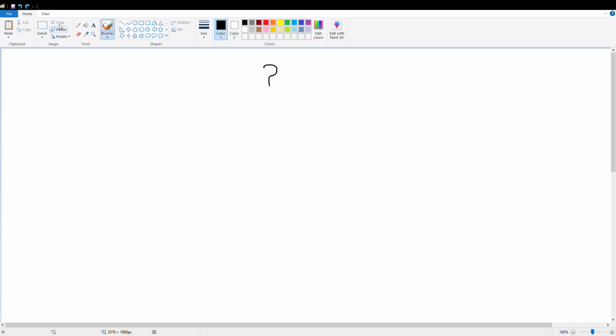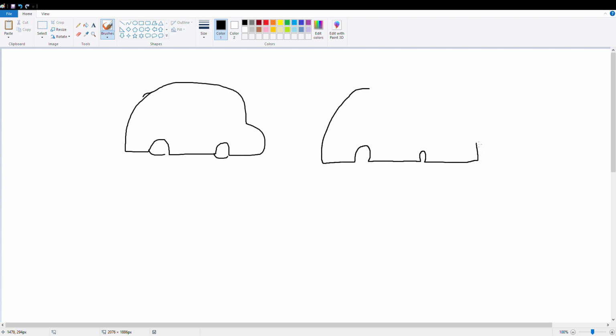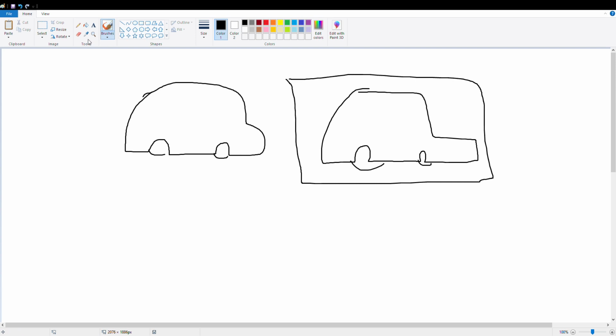So another example of a reference frame would be, let's say, a car going 30 miles per hour relative to this bus right here. You saying that the car is relative to this bus makes this bus your reference frame.